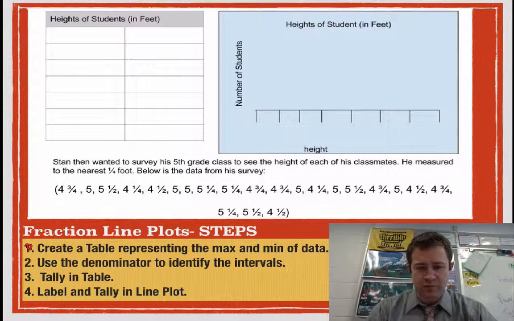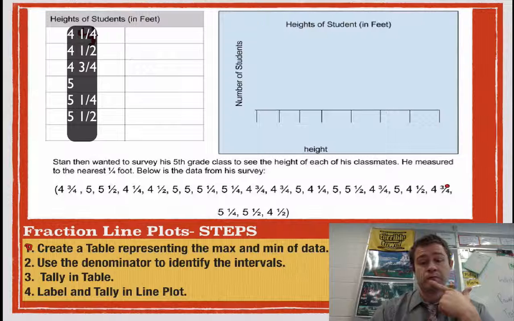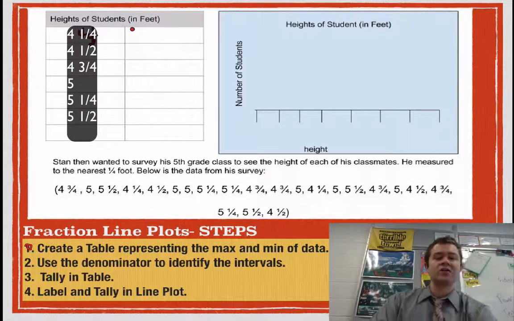Our smallest would be 4.5. So, or 4.25. I'm sorry. So 4.25. So I'm going to make my smallest set of data 4.25. Okay. So from there, what I can do next is I can tally all the data.